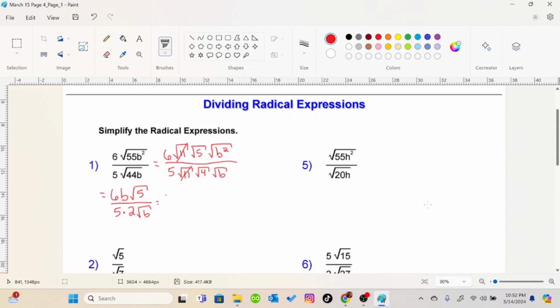So now on the top we have 6b times the square root of 5, and on the bottom we have 10 times the square root of b. 2 goes into 6 3 times, and 2 goes into 10 5 times. We don't want to leave a radical in the denominator, so we're going to multiply the top and the bottom by the square root of b.